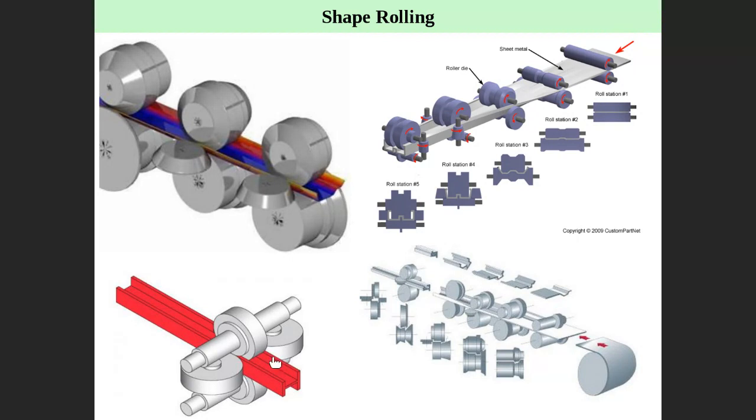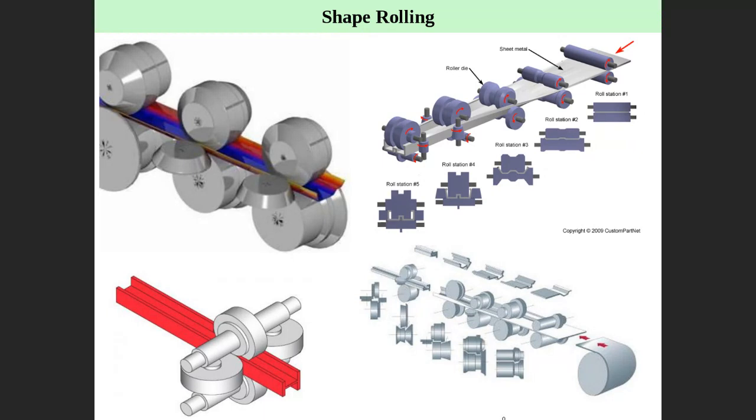It may be a sheet, sometimes not a sheet. Here, for example, it is not a sheet. So here is the bulk deformation. Here we start with a bloom, which is a rectangular shape or something similar, and then finally you obtain the desired shape. So the series of rollers should be designed to finally get the desired cross section.